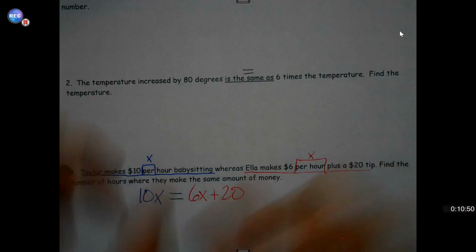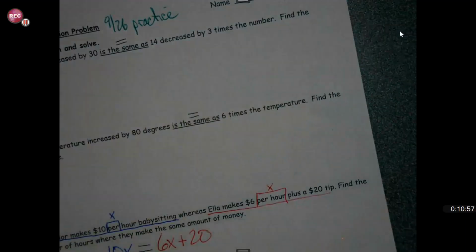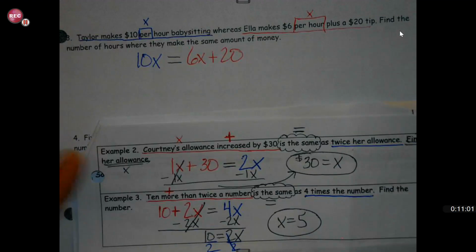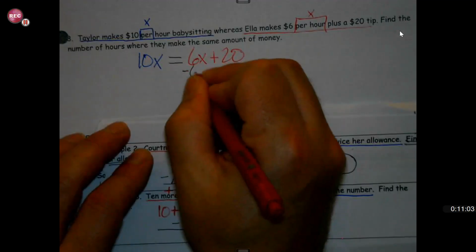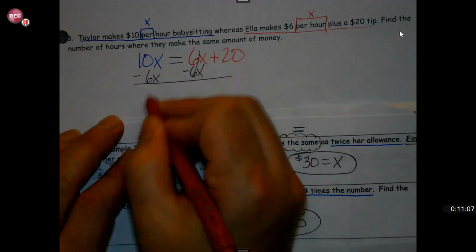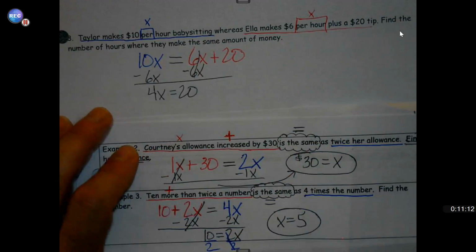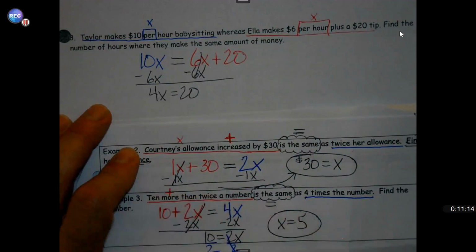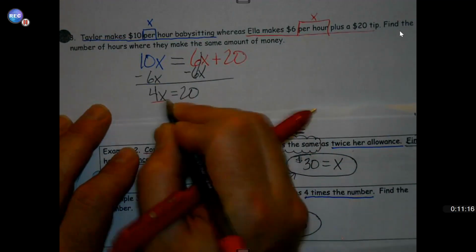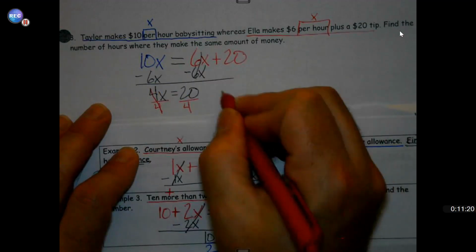Once you can get this part down, the rest of it, again, I can come back if I need assistance and look at some of the ones that I've already done. Say, okay, opposite of positive 6x is minus. We're good. Then we got to undo the multiply with divide.